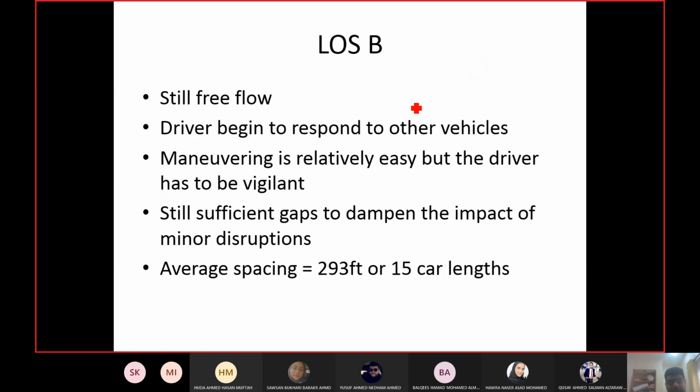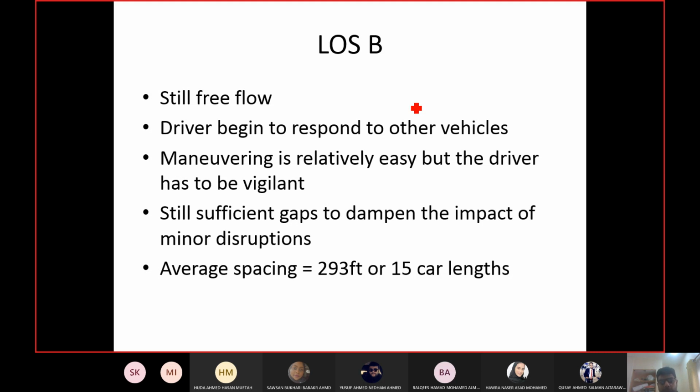Level of service B is still considered as free flow condition. Yesterday I called it the practical capacity for rural facilities. Okay, so still you have so much spacing between you and the other drivers that you can maintain the free flow speed, but the spacing is less than level of service A. So although in your driving you don't have the effect of other drivers, in your mind you start to feel their presence.